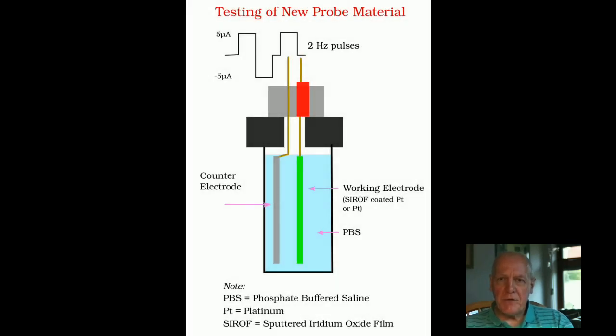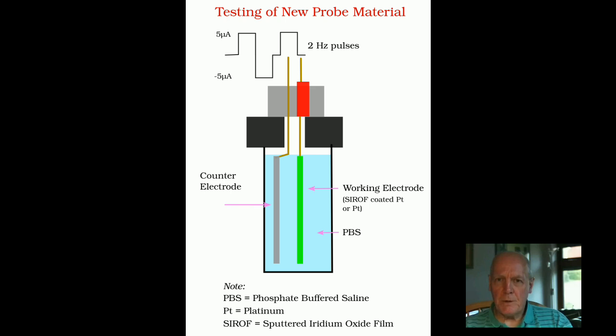So what was the advantage of these iridium oxide probes? Well, earlier on I talked about the second problem where platinum probes degraded and became toxic. So the group obviously had to show that their material was not toxic and did not degrade. And that is what this final slide is covering.